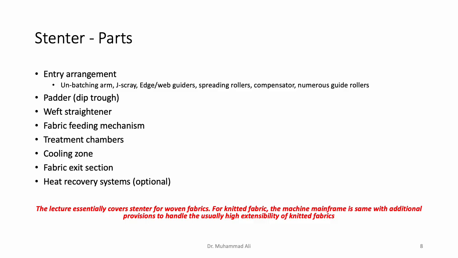The main frame of the machine remains the same, but of course there are some additional provisions to handle the high extensibility of knitted fabrics. So keep it in mind that the parts and their description that we are going to talk about in the following lectures is specifically for the stenters that are designed for woven fabrics.